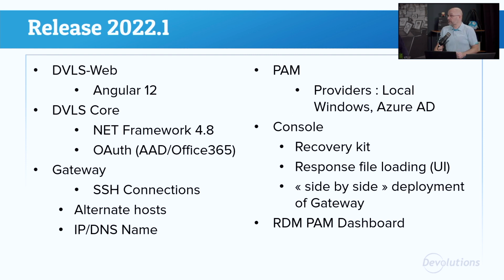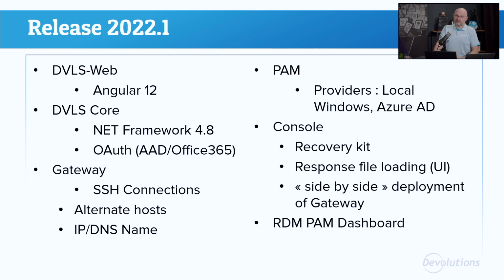It's a simple zip, and you just move it to your cloud storage of choice for recovery purposes. Obviously, that recovery contains a response file, and the console mode used the response file, but the DVLS console UI was not adapted to loading it. So now that's been improved.